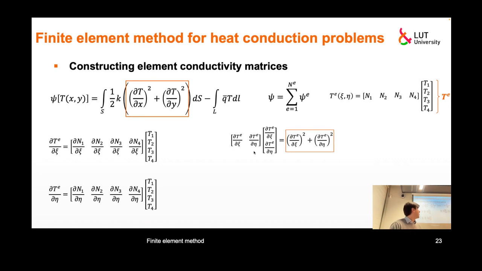So this is a little bit smaller, but I hope you can see it. I can calculate this quantity that is here in the box, sum of squares, using this matrix approach. So I make this matrix of two elements, partial derivative of temperature with respect to psi and with respect to eta, and I multiply it, or calculate a product, with a column of the same quantity. This results in a sum of squares.